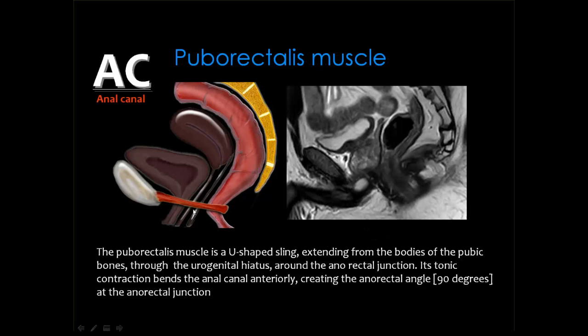And actually the puborectalis is a marker for the end of the rectum and the beginning of the anal canal. Then if you look carefully, you can also see these skeletal muscles which represent the external anal sphincter, and above the puborectalis, you see this muscle curving towards the sacrum, and this is the levator ani muscle.